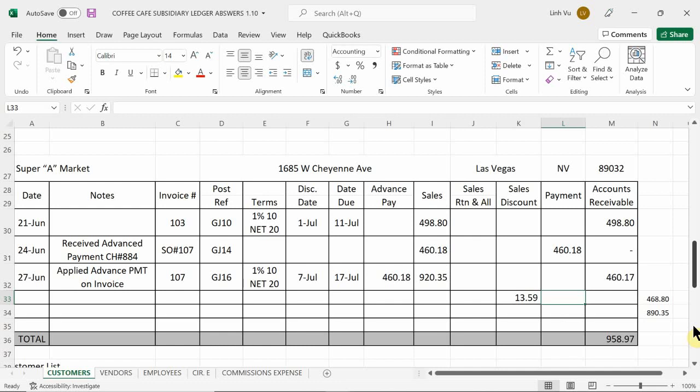In this case, they paid more with 1 penny, so that's why you're left with 17 cents, because your total amount due is $920.35. They paid you 460.18, so what's remaining is 460.17. They can't pay you half a penny, because in this case they gave a down payment of 50%.